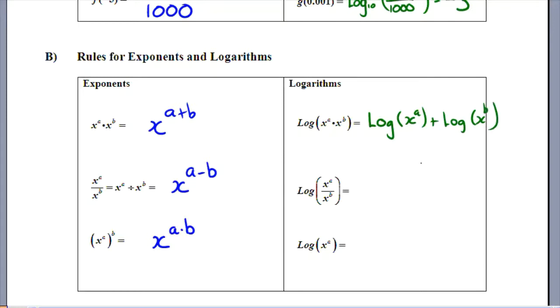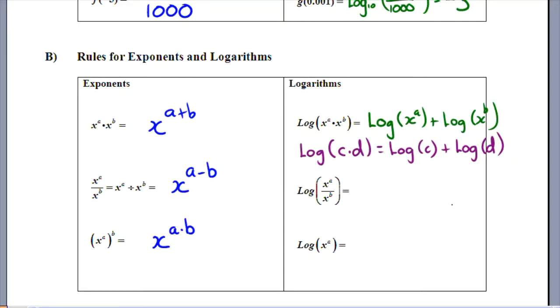So multiplication within the logarithm turns into addition outside of the logarithm. You might not see that written as a power like that. You might just see it as factors. Maybe you'll see something that says, hey, what's the logarithm of c times d? Great, that's just the logarithm of c plus the logarithm of d.